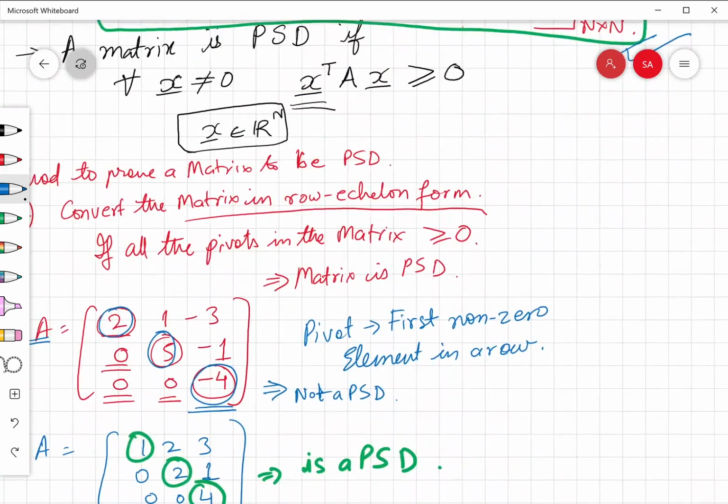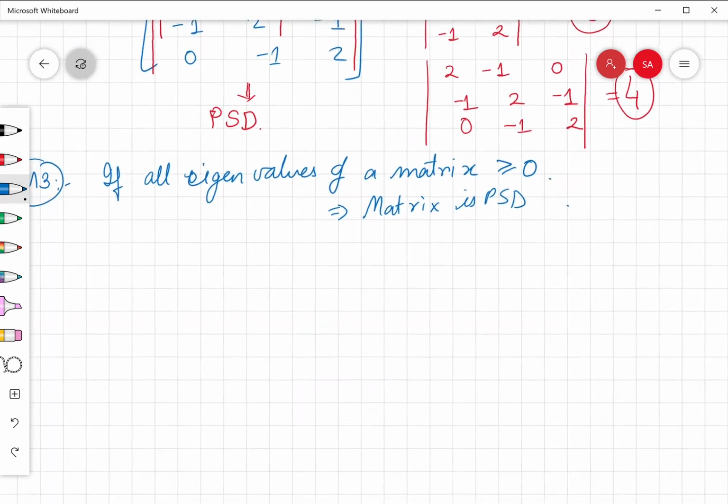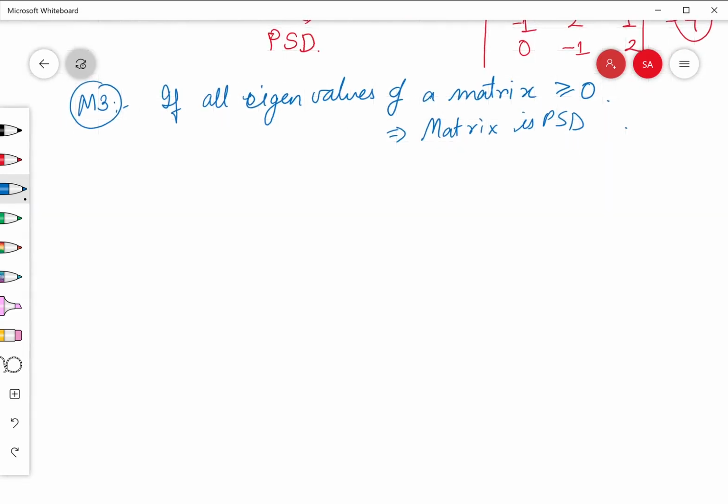To solve such kind of an optimization problem, we form something called a Lagrange dual function.